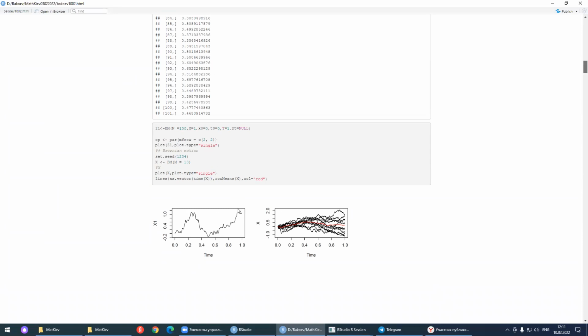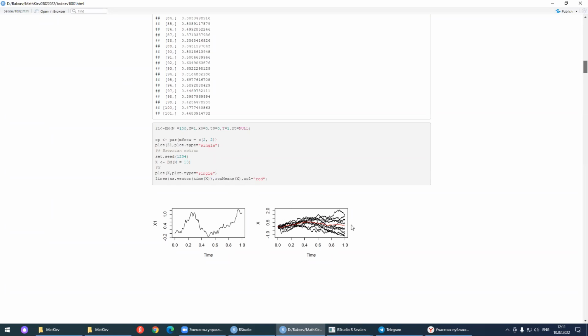And in order to understand, we can use this process and give some function of this process. Here I choose 10 trajectories, and this red one is the mean value of these trajectories at each time.